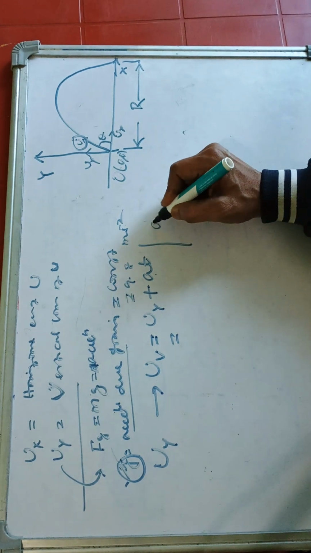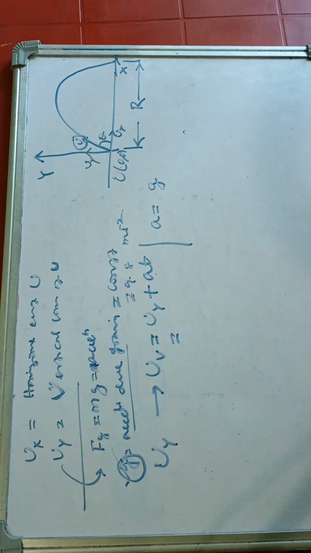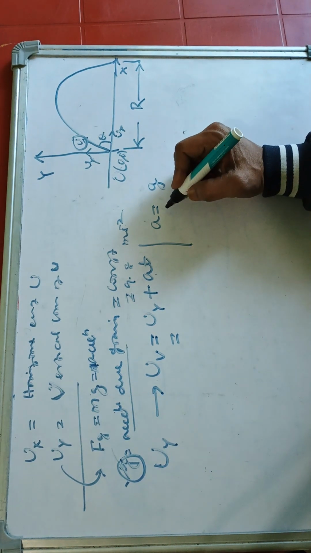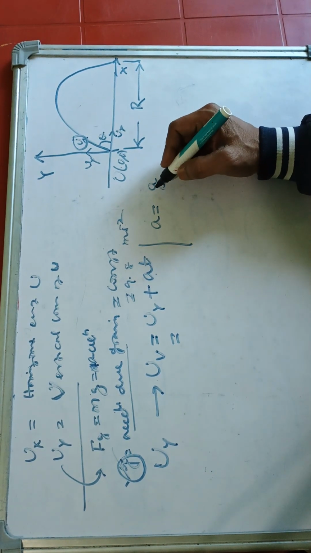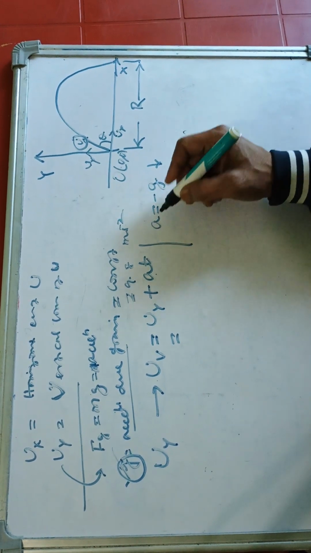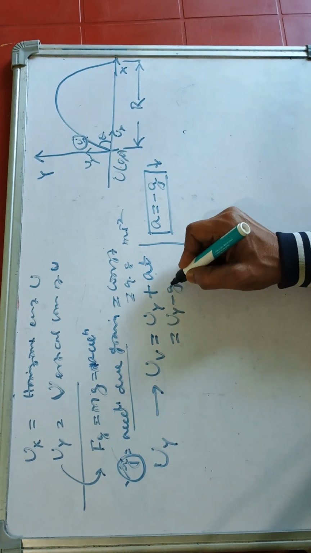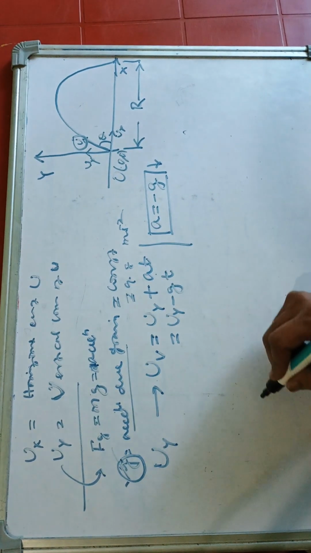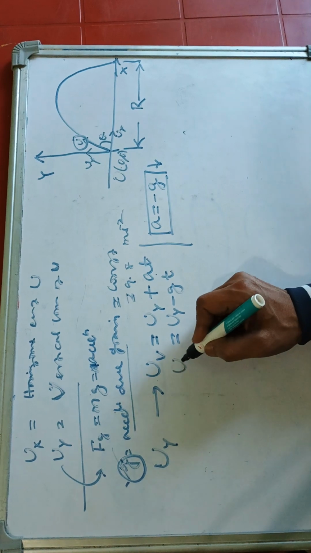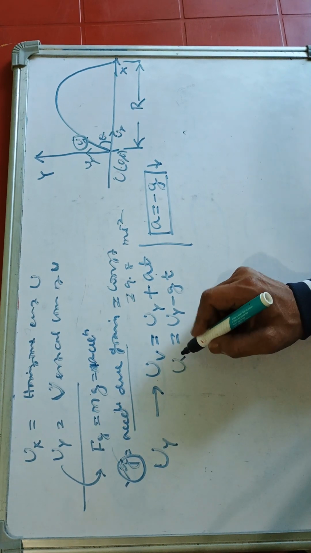In this case, the magnitude of a will be the magnitude of g, whereas, as the acceleration due to gravity is directed downward, a will be minus g, so vy is equal to uy minus g t. This is the kinematic equation for this motion.